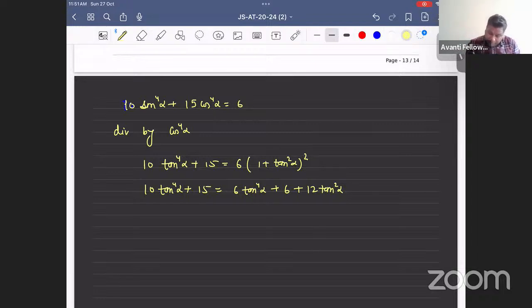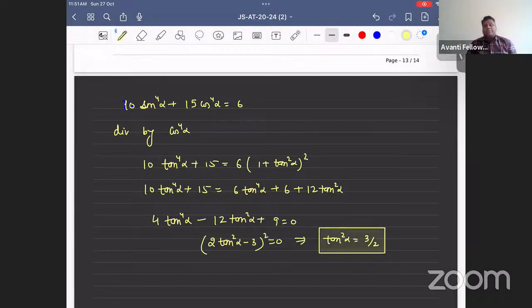So it will be 10 minus 6, that is 4 tan⁴α minus 12 tan²α plus 9 equals 0. So it is (2 tan²α − 3)² = 0, which implies tan²α is 3/2.